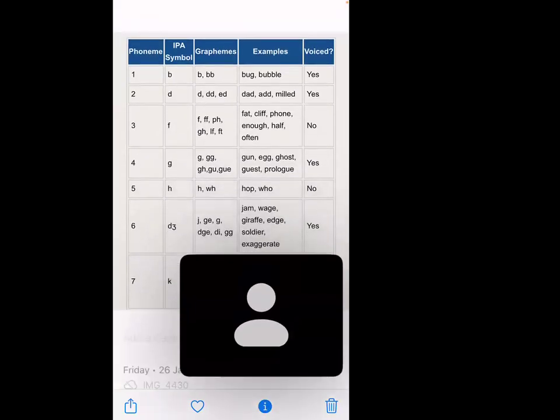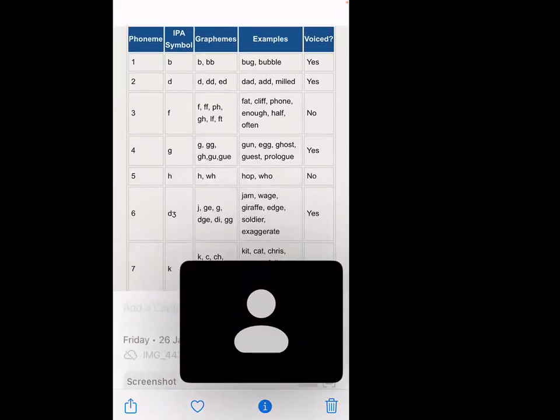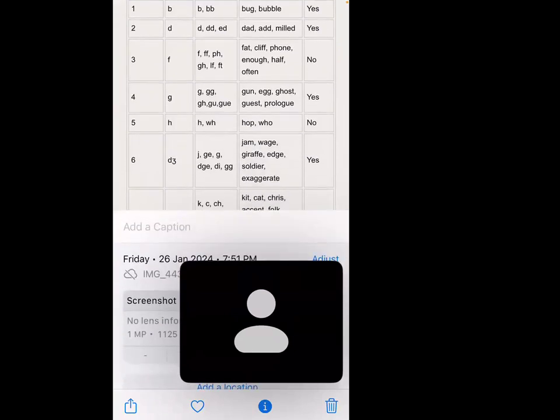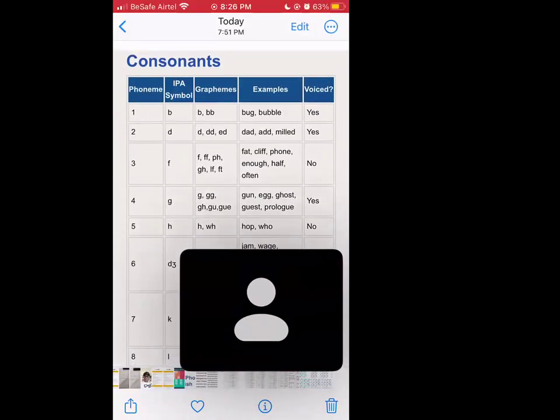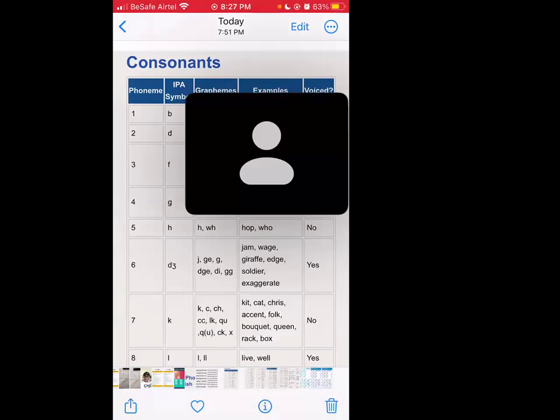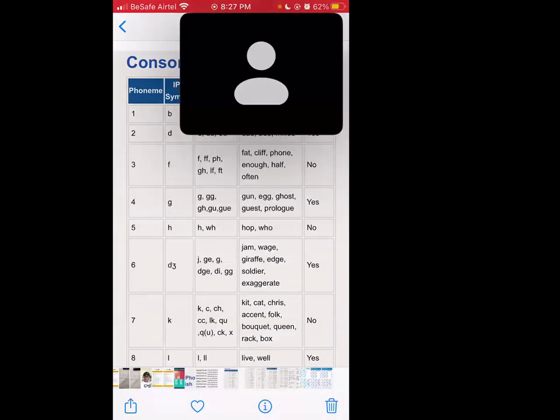Number 5, we have this sound, it's more like you're breathing, you're just bringing out air from your mouth. Now, this sound is found in letters H and WH. There are some words that have W, it's just a sound.